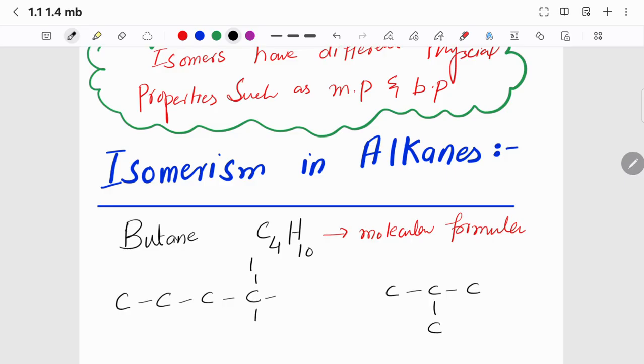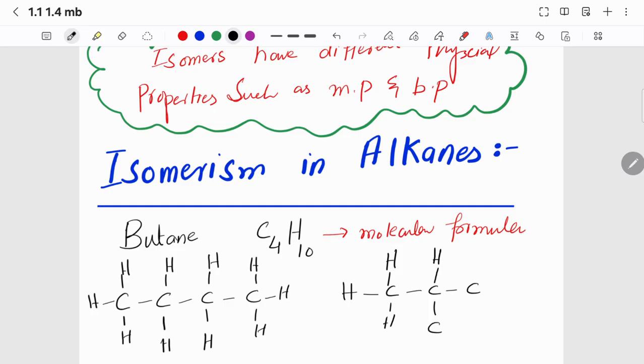Now let me complete the hydrogen atoms attached to each carbon atom, and similarly here. It would be like this.